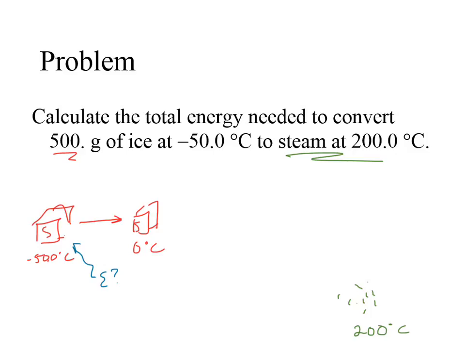Hess's law says that if you want to know about an overall process, going from negative 50 Celsius to 200 degrees Celsius with a phase change, you can break it up into steps. So we're going to break it up into steps. This is going to be the first step.